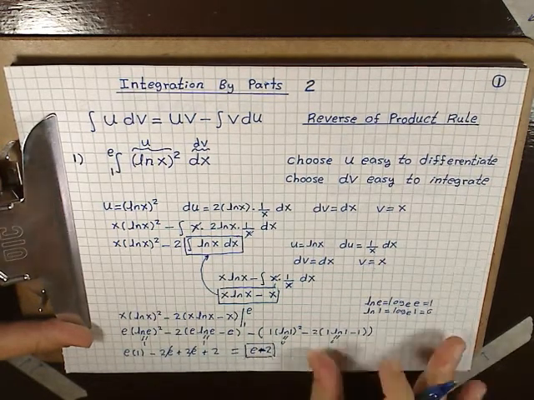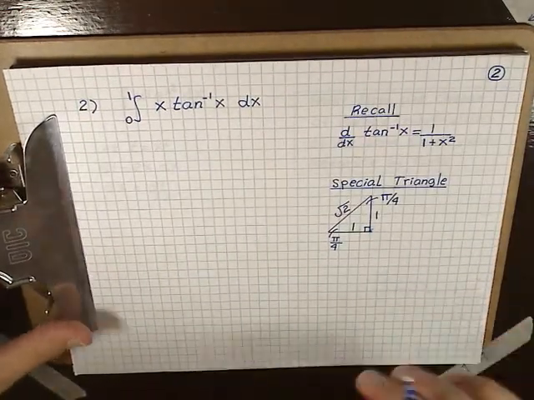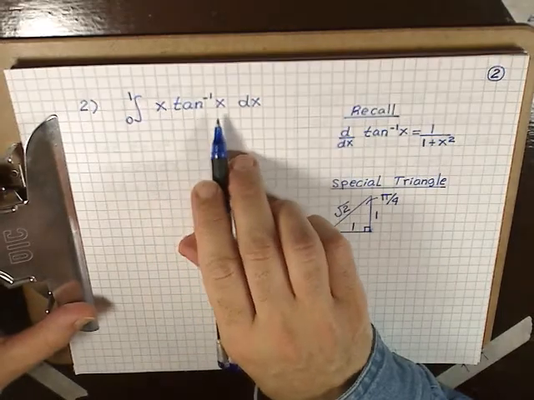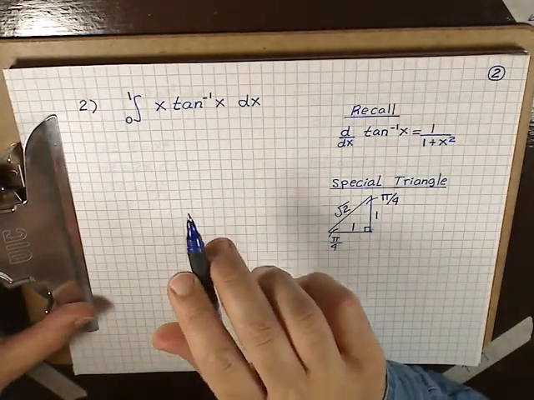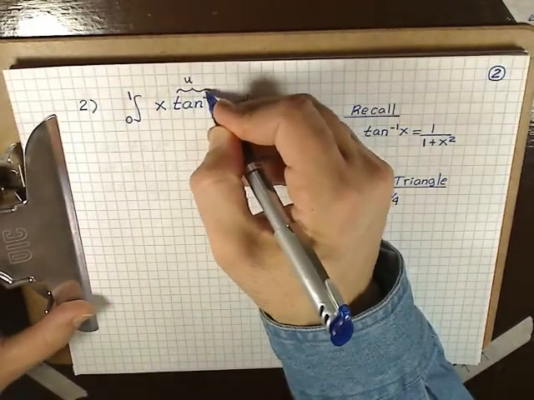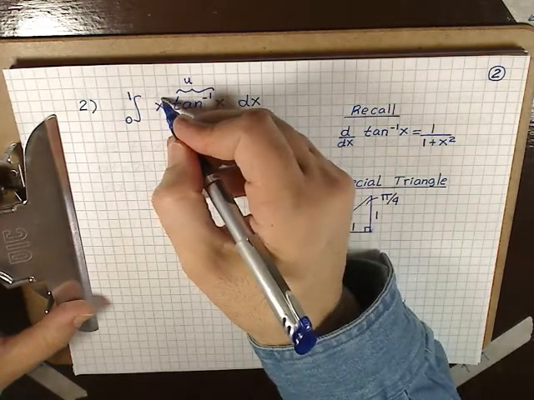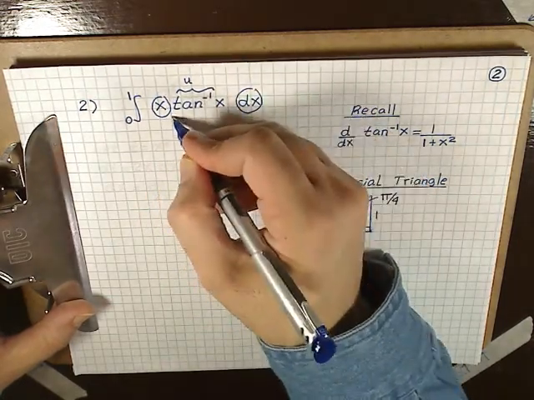Alright, let's do another example. Here we have the integral from 0 to 1 of x tan inverse x dx. So we'll let u be equal to tan inverse x, easy to differentiate. And x dx, this part will be dv.